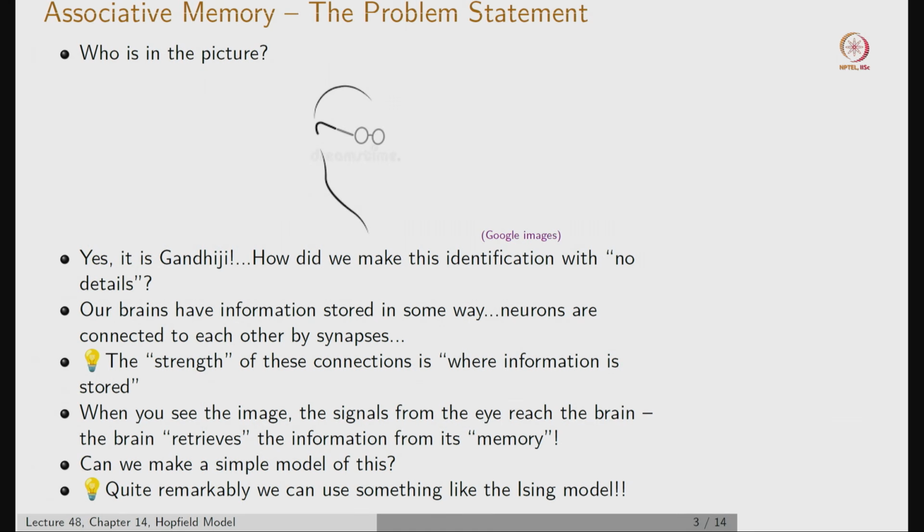We can build a model using something like an Ising model to get an idea of how this could possibly be happening. So it is really a model in the sense that there is some reality of what is going on in the brain, and we are constructing a model that sort of captures this idea.